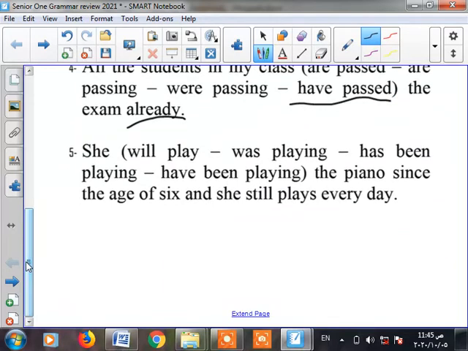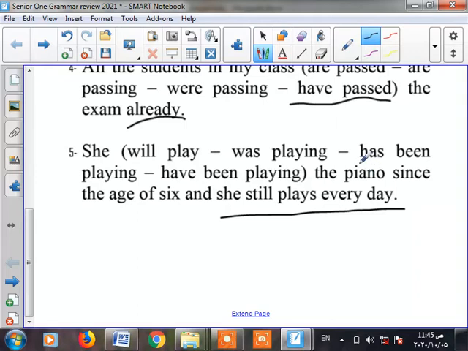Number five: she dots the piano since the age of 6 and she still plays every day. When you have she still plays every day, it's not present perfect, it's present perfect continuous, which is have or has plus been plus verb plus ing, meaning something that started in the past and is still happening up till now.